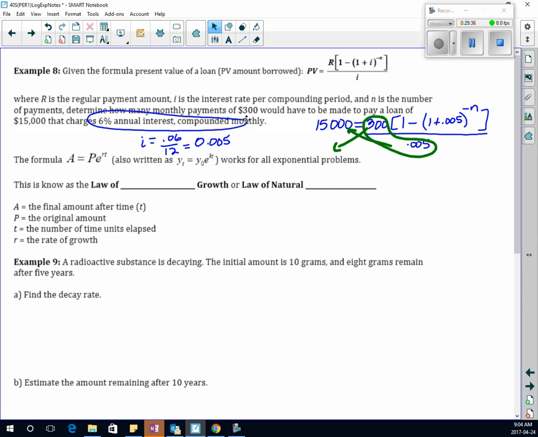Okay, so I don't know why I didn't give myself enough room. 15,000 times 0.005 divided by 300 is 0.25. Is that what you got? So 0.25 equals 1 subtract 1.005 to the power negative n. What would I have to do first?